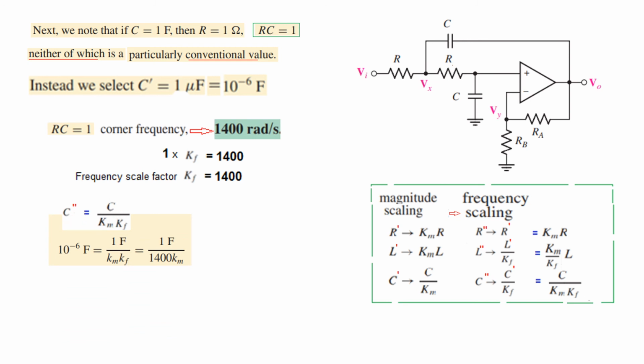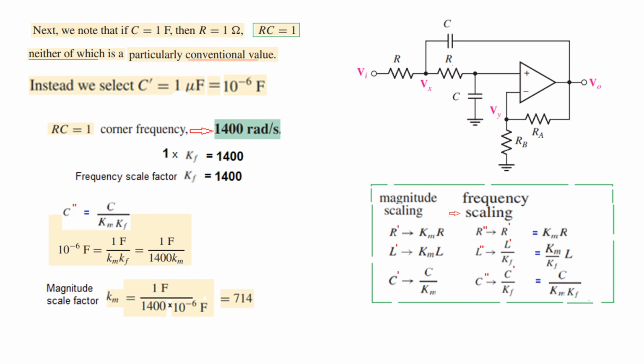So using this formula, C double dash we had assumed to be 1 microfarad, and this was the earlier assumption of 1 farad here. Kf we have found to be 1400. So from here we will now calculate Km, or the magnitude scaling factor, which is 714.